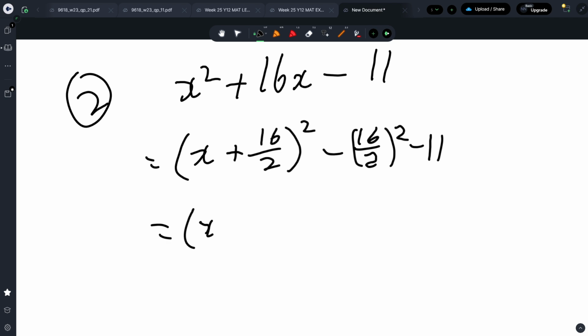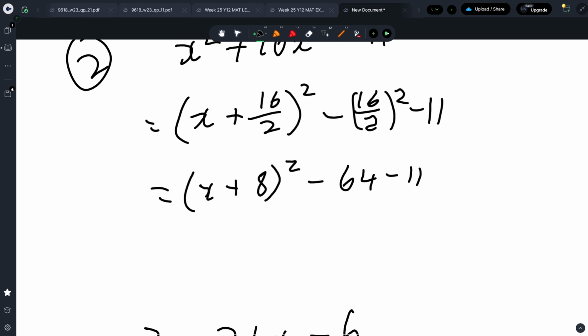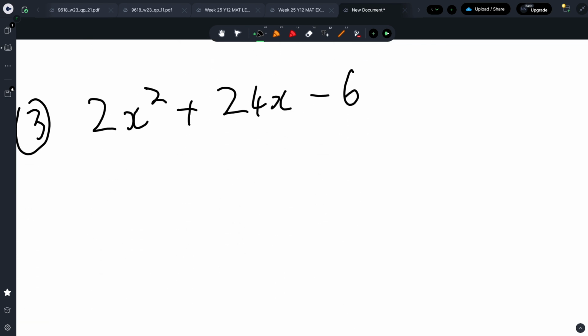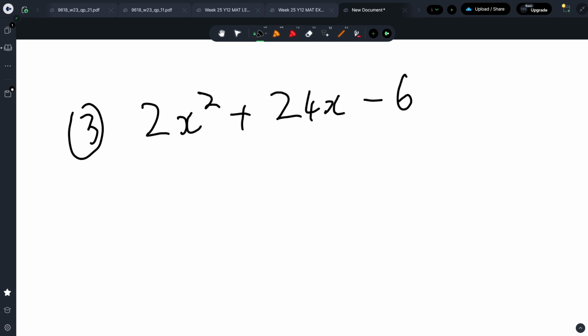Solve that out and you should get 16 over 2 is 8, 8 times 8 is 64. 64 minus 11 is 75. That's your answer.